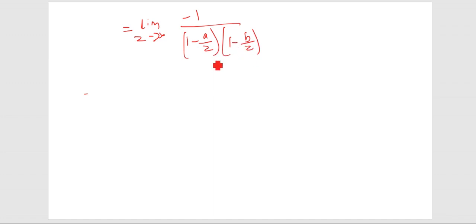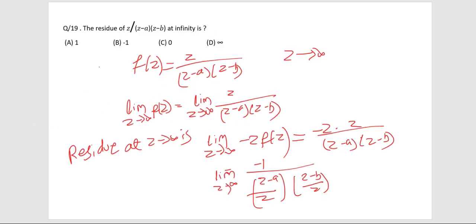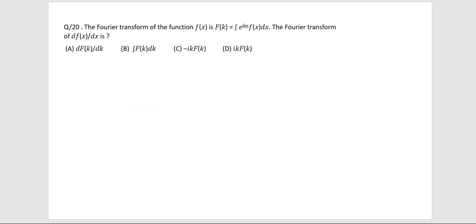Now if I put z as infinity, this term will vanish and this term will vanish. So now my answer is minus 1 by 1 into 1, which is minus 1. So this is your answer. So minus 1 is option number B. This is your correct answer.